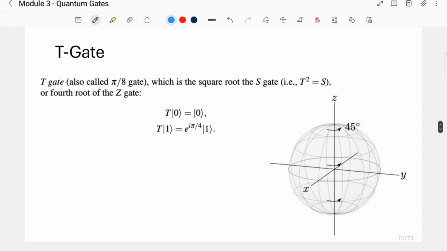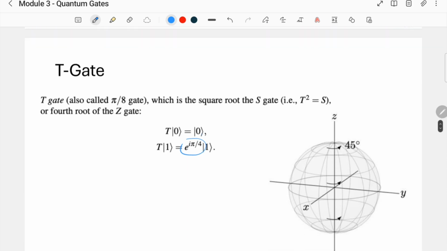So the T gate rotates by pi by 4 or by 45 degrees along the Z axis. So again, if you remove this phase for a second, we get 0 just goes to 0 and 1 just remains 1, because again it's along the axis. But we need this phase to be considered, for example, when we try to transform something which is not along the z axis. So something like this vector plus, if you want to rotate it, it would come out to be somewhere in between here.